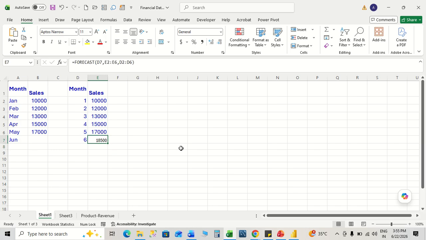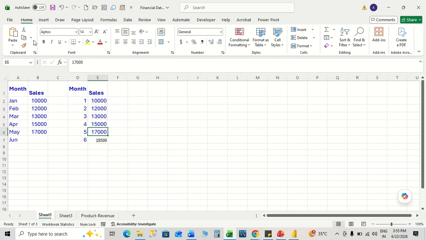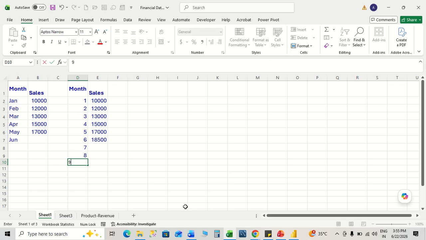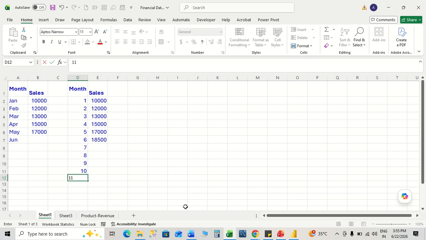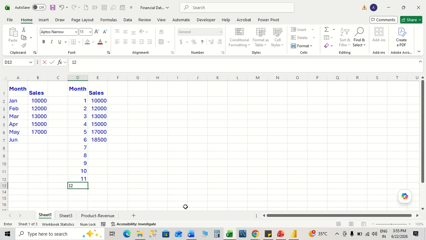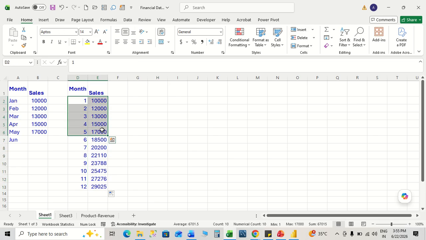This is the prediction. See, if I drag this, 8, 9, 10, 11, 12, and if I try this, see, with the help of the first 5 months' data, we predict the last month's sales.